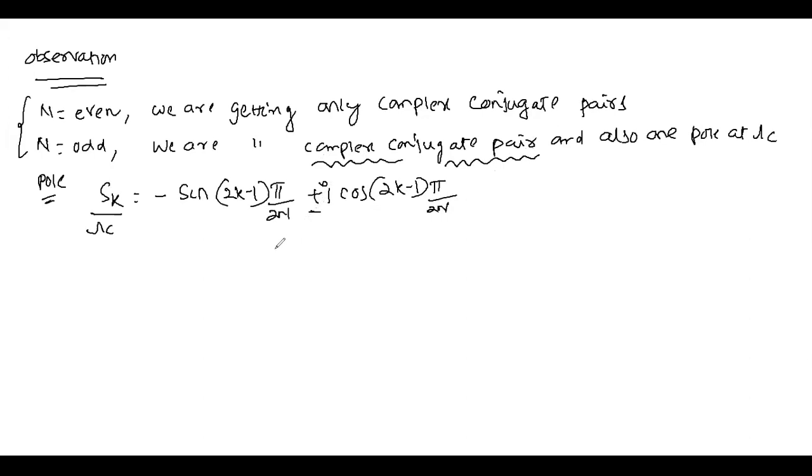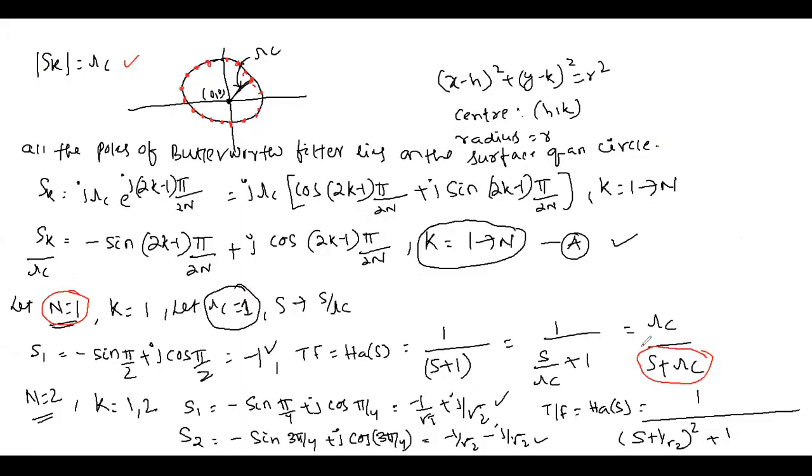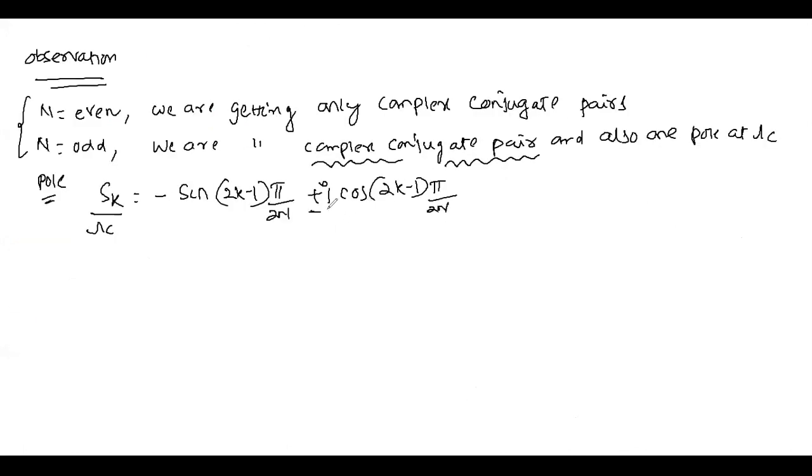See here, we are getting one plus and one minus. Similarly here, we are getting plus or minus. Here also we are getting only one, because the order equals 1. So can I write it like this, plus or minus?